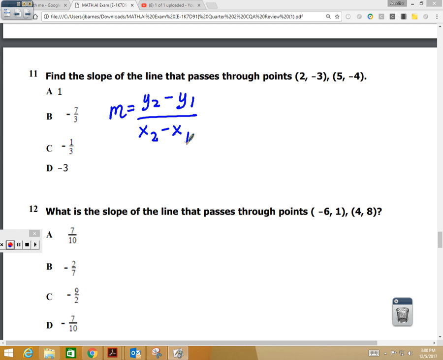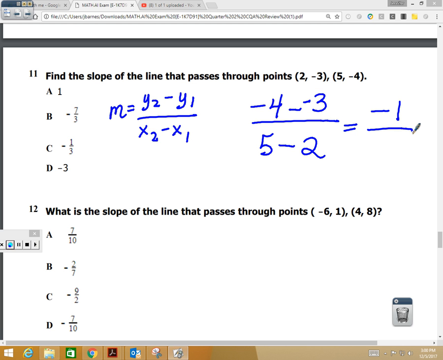So in problem 11, I'm doing negative 4 minus negative 3 over 5 minus 2. Negative 4 minus negative 3 is the same thing as saying negative 4 plus 3, which is negative 1. 5 minus 2 is 3. So negative 1/3, that is choice C.